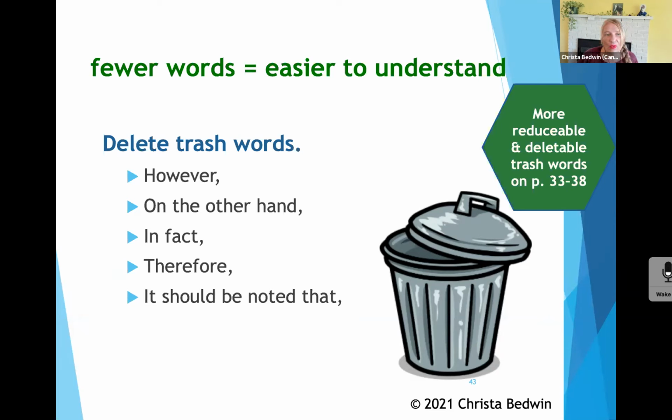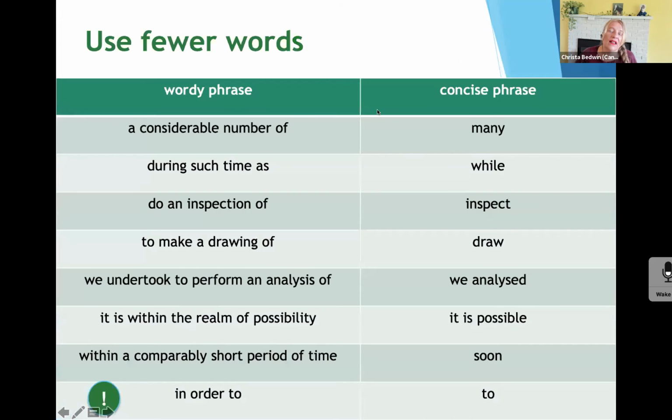And wordy phrases and deletable words are in the green book. I have 5 pages of a list of these words that we can just delete completely or reduce. Maybe you have seen papers that said something like, we undertook to perform an analysis of our substrates.